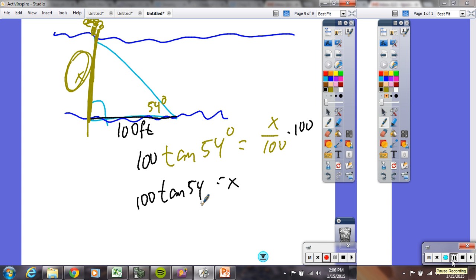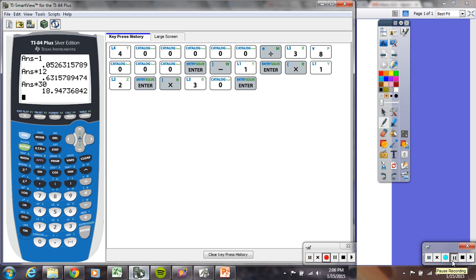So first off, I want to make sure you guys understand, go to the machine. You need to make sure your mode is in degree, because we are talking about degrees right now, the 54 degrees I just said.